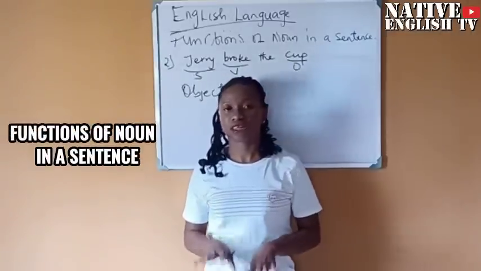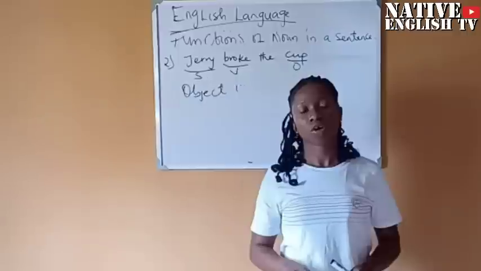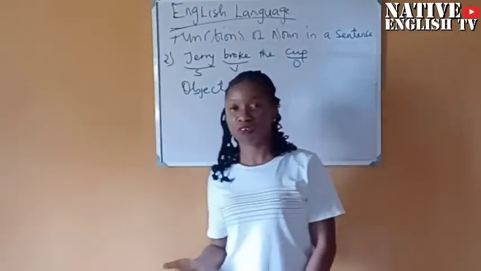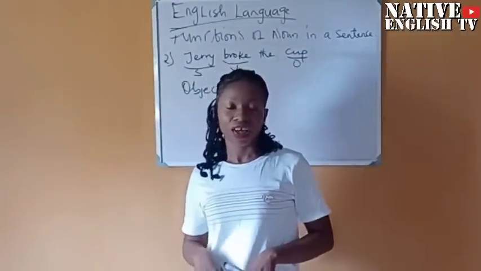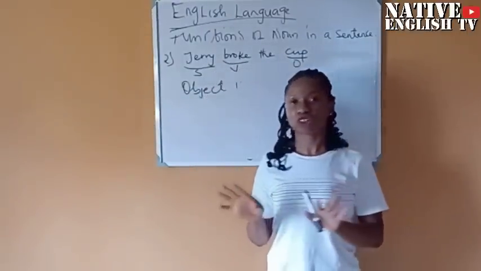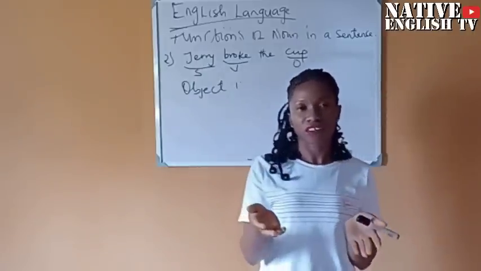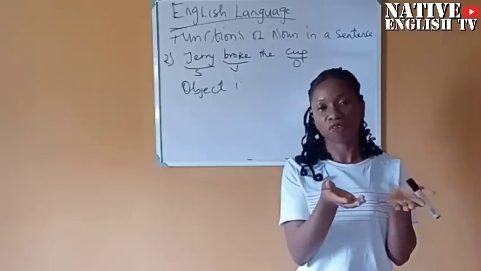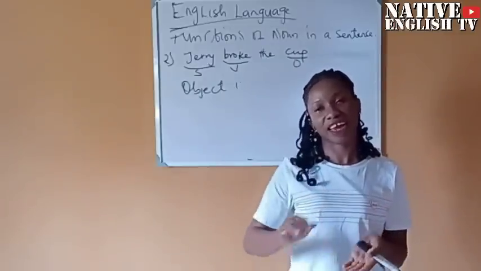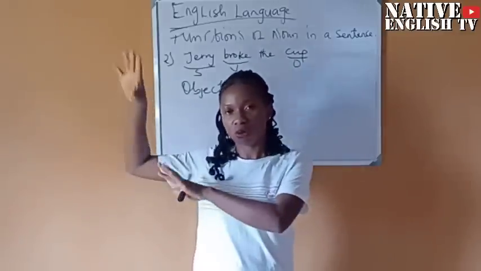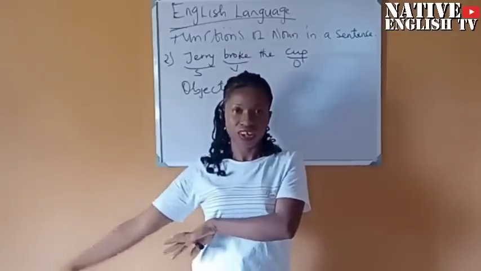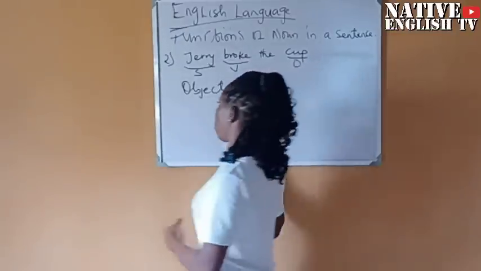When we talk about the direct object, it simply means what is receiving the action of the verb. When we talk about indirect object, it simply means that the action of the verb is affected indirectly to another object.